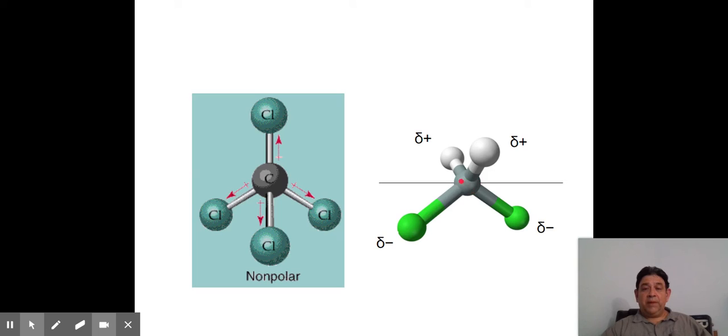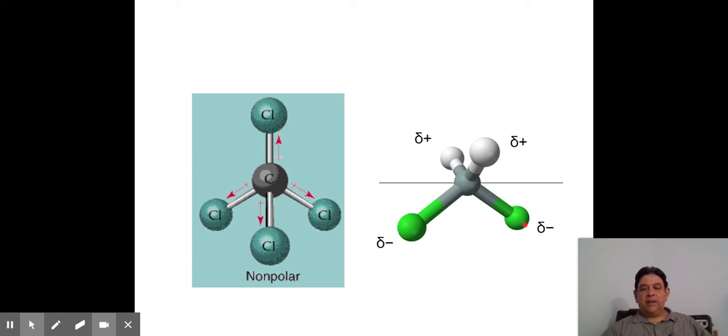CH2Cl2, because carbon has an electronegativity of 2.5. Hydrogen's 2.1. This one's hydrogen's 2.1. It's kind of almost nonpolar, but we'll call it slightly polar. If it was polar, these guys would have the partial positive on this side.